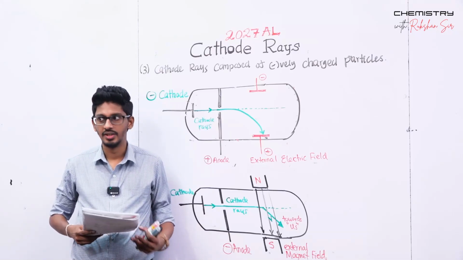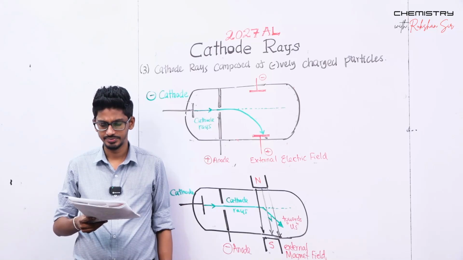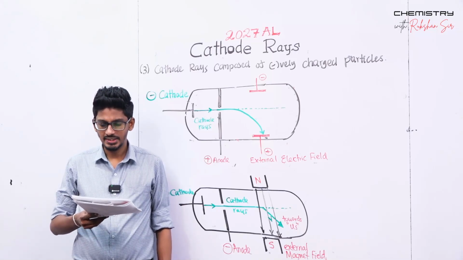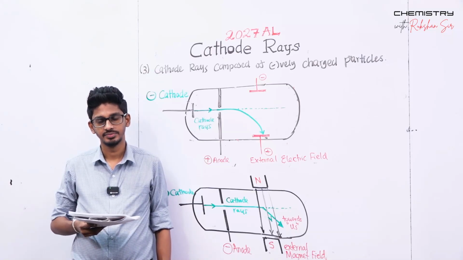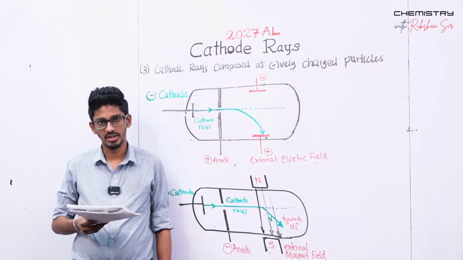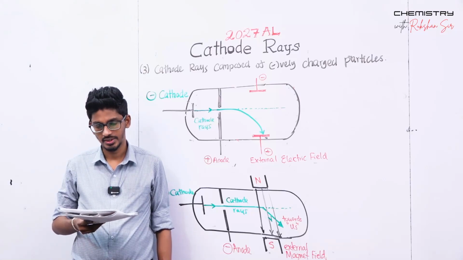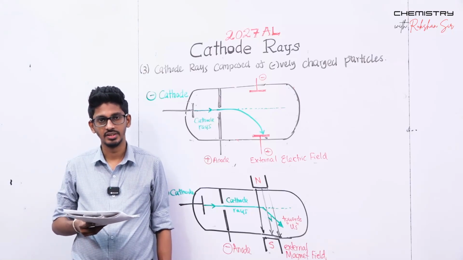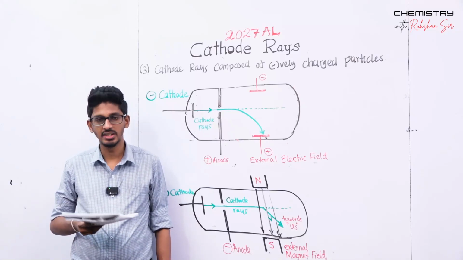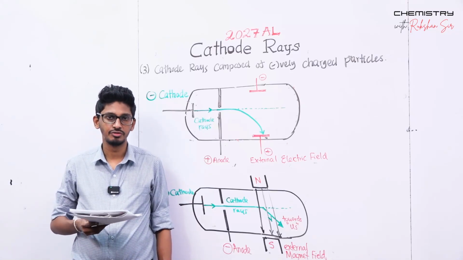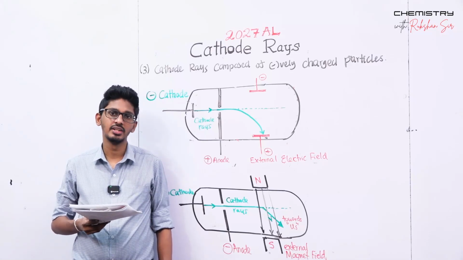Come to the normal color and write. In the path of cathode rays, put a comma and write it in red color: cathode rays deflect perpendicular to the magnetic field.